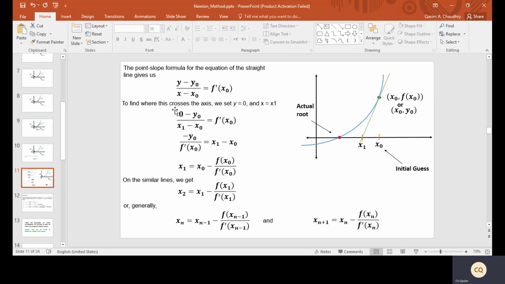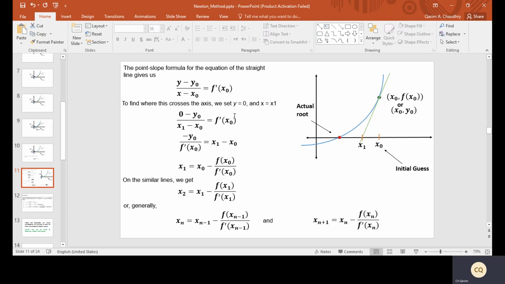Now students, just substitute the values here. Instead of y, we have 0 here, and y naught is the same. Instead of x we have x1 here. For this x naught, this is the same, and that is equal to f prime of x naught. And now students, see, you just simplify the things: minus y naught.